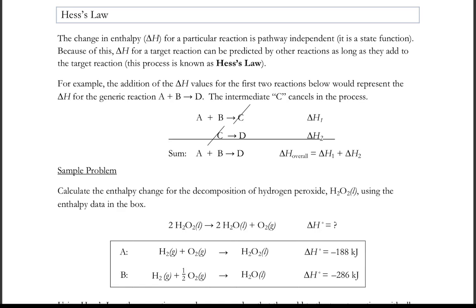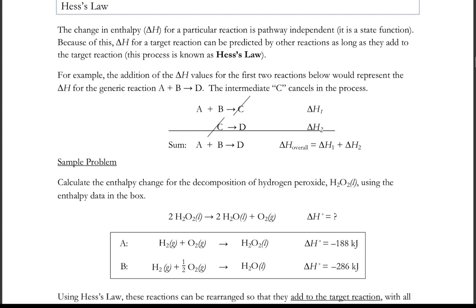That is to say, if we have a reaction A plus B yielding C, and the delta H for that is delta H sub 1, and we have a reaction C forming D, and the delta H for that is delta H sub 2, and we add those two reactions together, we see that C is on the left side in one, the right side in the other. C cancels out, and our overall reaction is A plus B yields D. And so the delta H of that overall reaction is the sum of those two delta H's, or delta H sub 1 plus delta H sub 2.